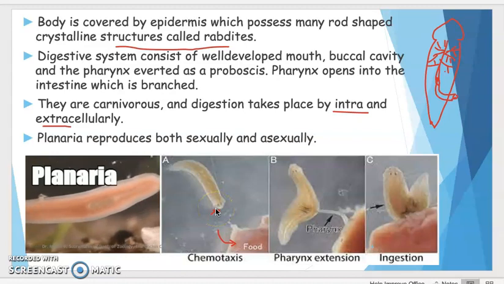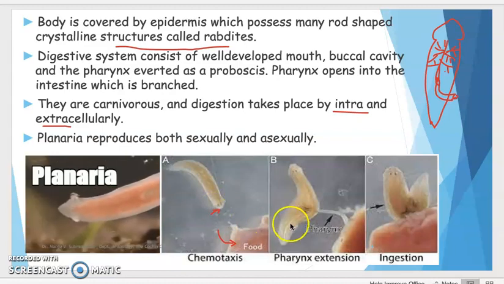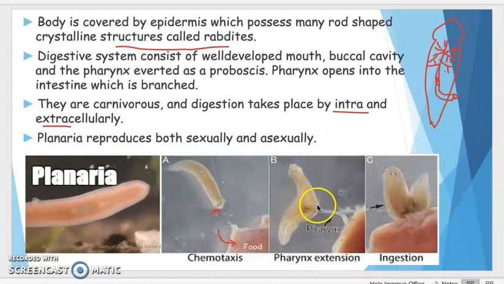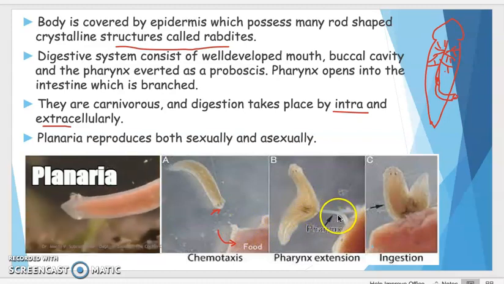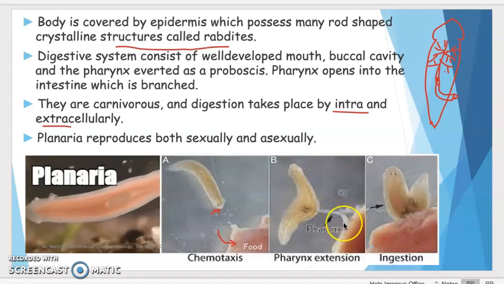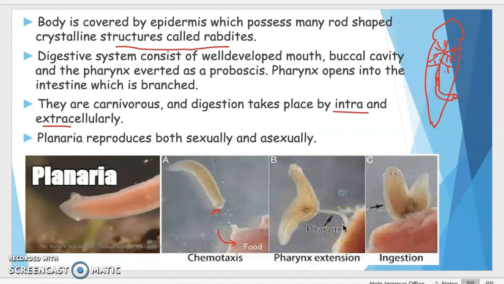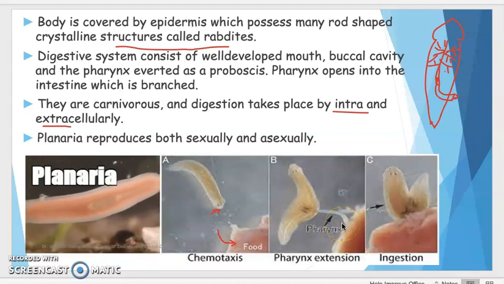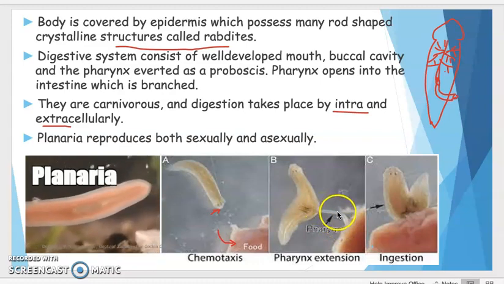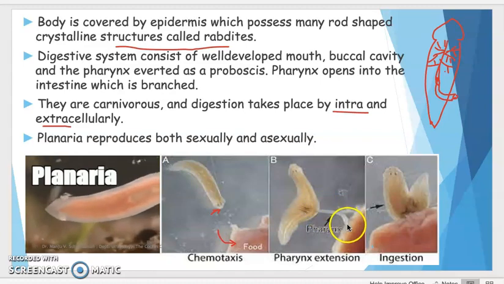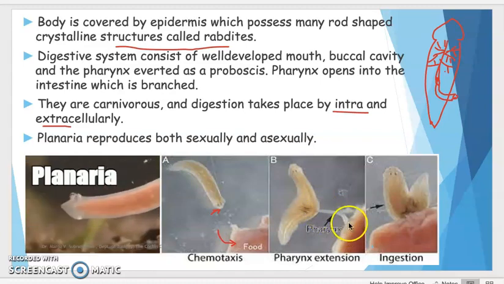by the adhesive gland, and here you can see, it also ejects its pharynx out, and it discharges certain sticky substances over it, and the proboscis protrudes and sucks the food by muscular activity.